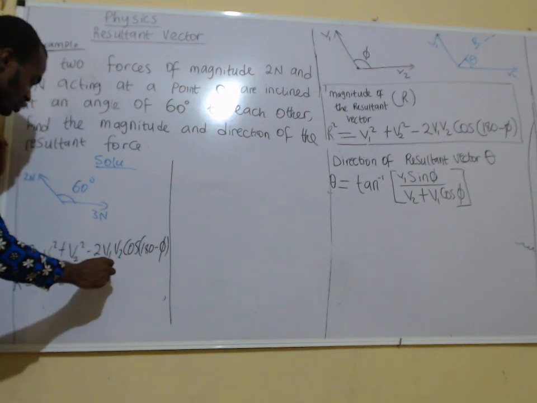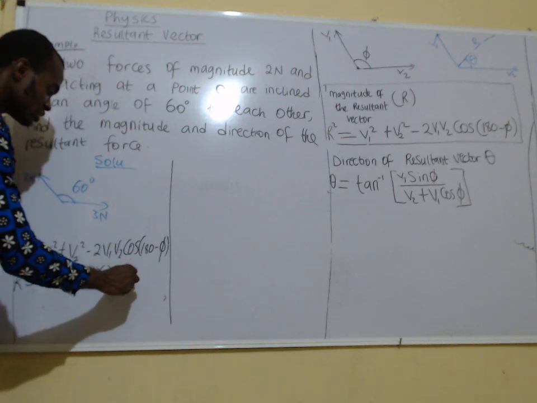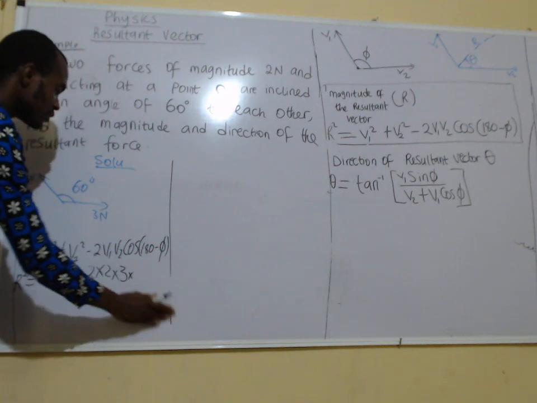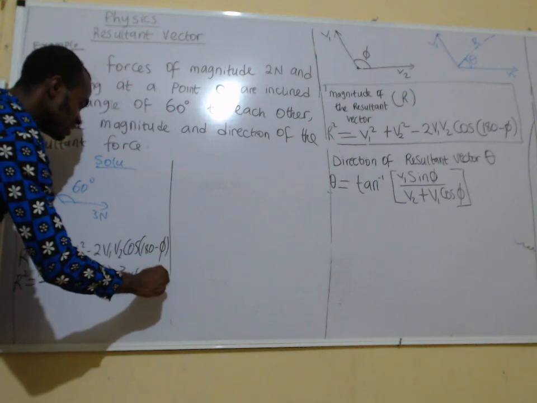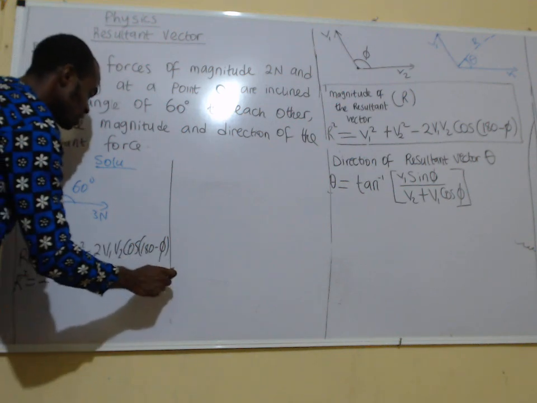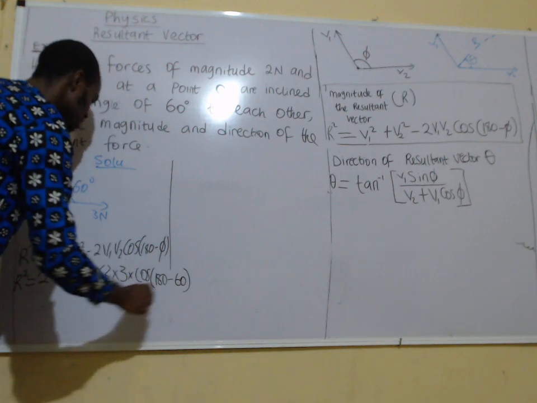V1 still remains 2 times V2, which is 3 times cos 180. The angle in between V1 and V2 is 60, so 180 minus 60.